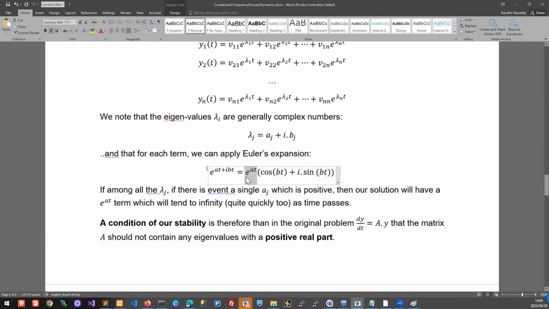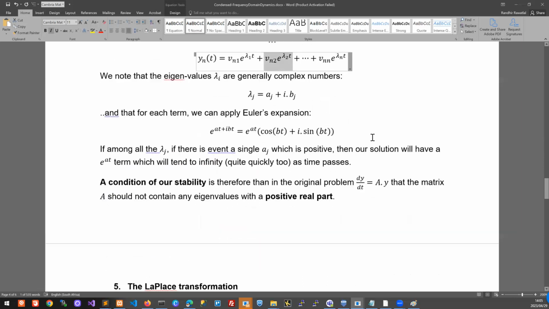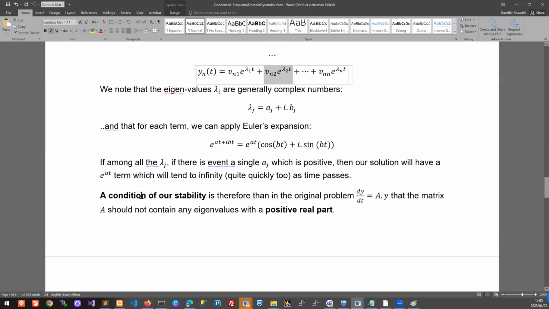And that means that as time progresses, this term will get bigger and bigger, and our solution will explode, basically. So if there is even a single lambda value in here with a positive real part, then that term will run away to infinity. And so that's the condition of stability for us. We never ever want a positive real part in our eigenvalues, right? So that establishes the condition of stability that we'll be pursuing in the remaining lectures.